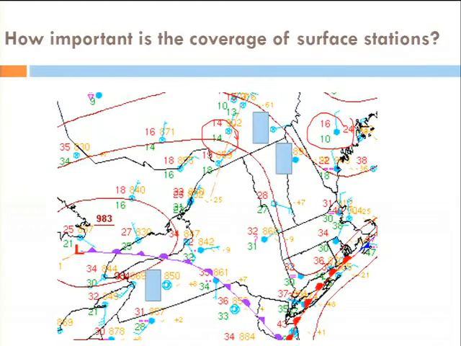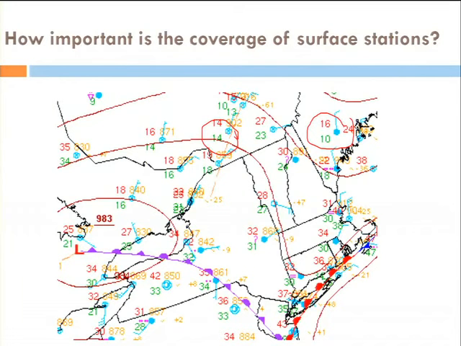Now, all things being equal, if you did not have information where those blue boxes are, and you tried to interpolate what the temperature at those blue boxes were, you might guess something like 15 degrees, just in between the 14 and the 16. The problem is if you did that, you would be pretty wrong, because the temperature is actually closer to 27 degrees C.